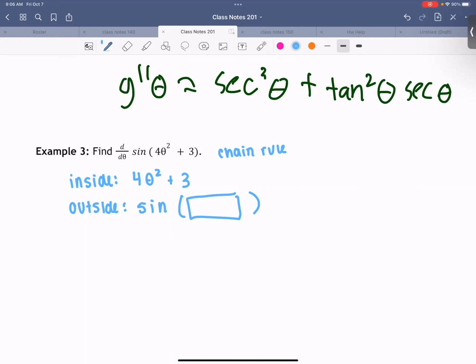So what's the derivative of my outside function sine, Michael? Cosine. Yeah, cosine of the big blob. Okay. And we're going to multiply that by the derivative of the inside, which is 8 theta plus 0, right?